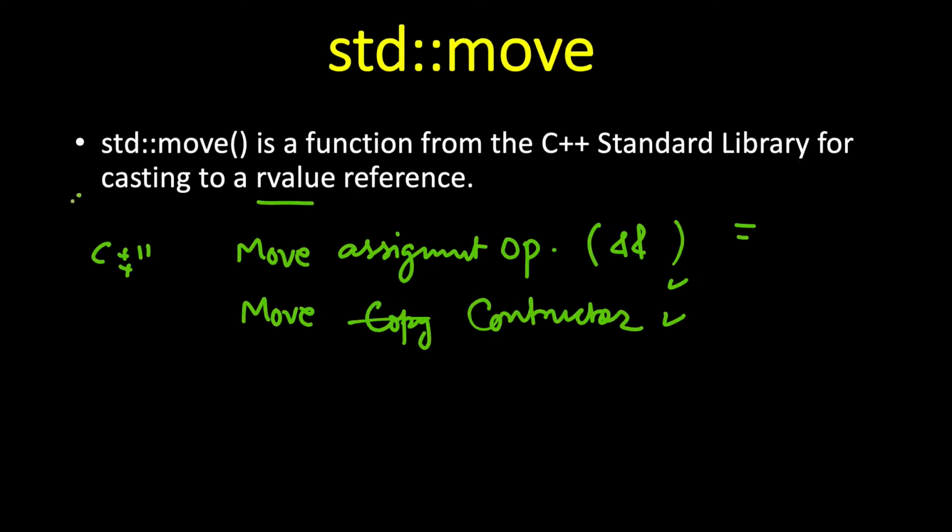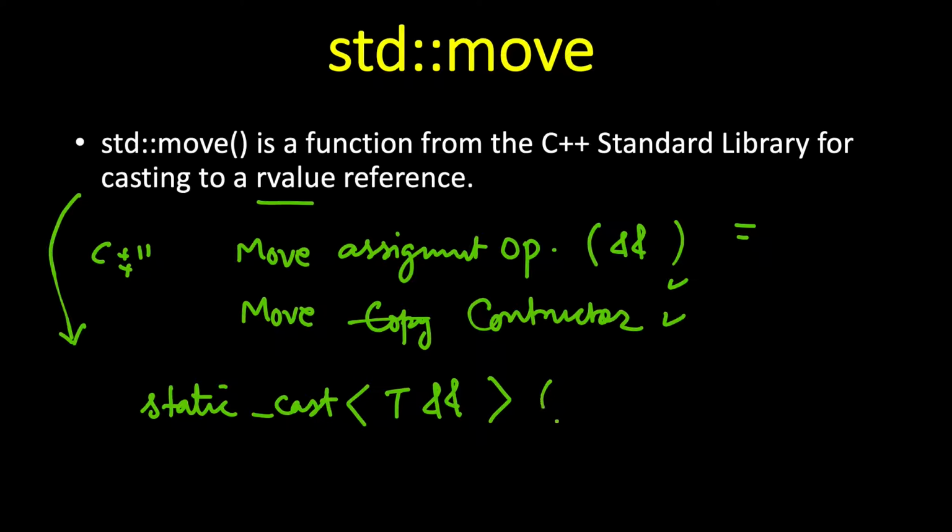Internally, you can think of std::move as typecasting, like writing a static_cast to whatever type you have, on an object of type T. So if this is an lvalue, you can cast it to an rvalue reference, and in turn use these newly added functions.